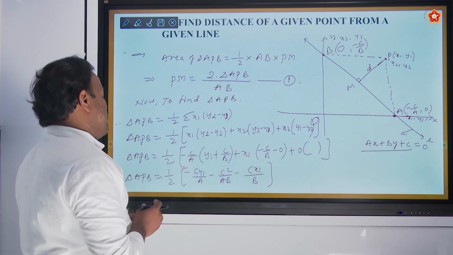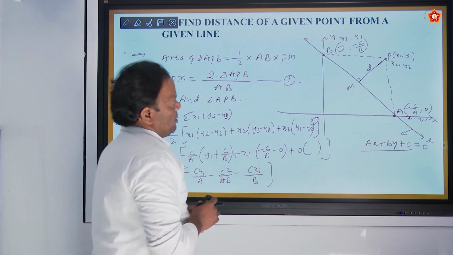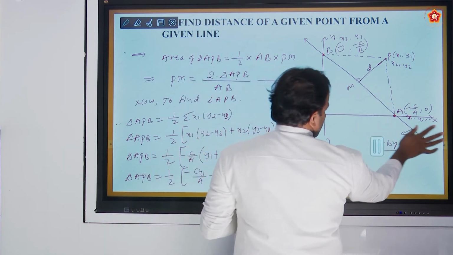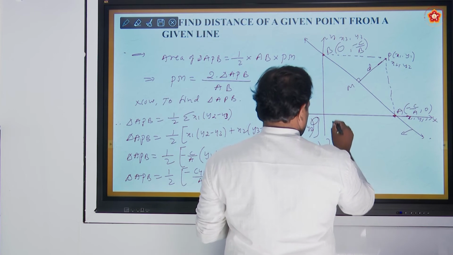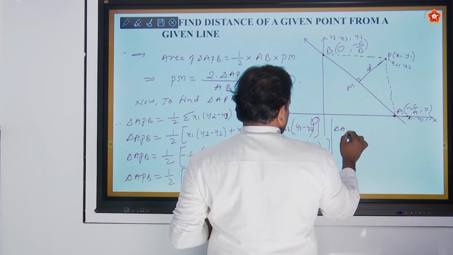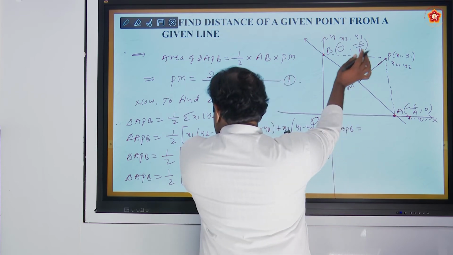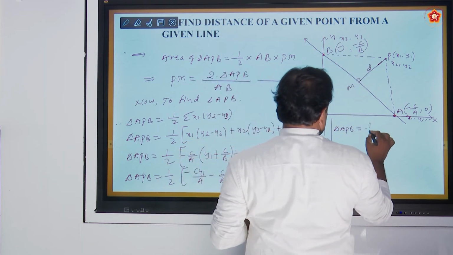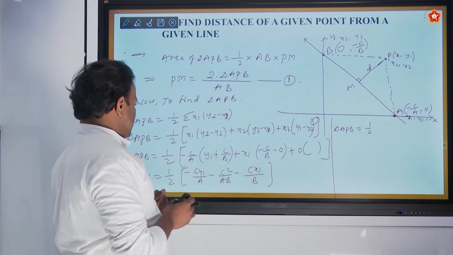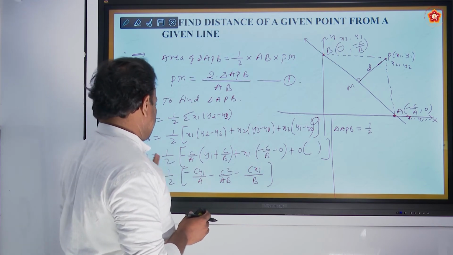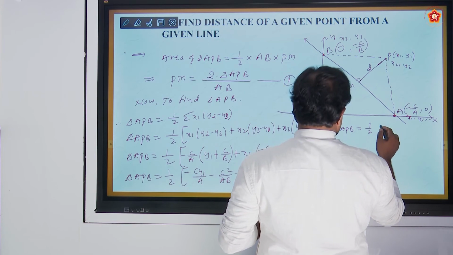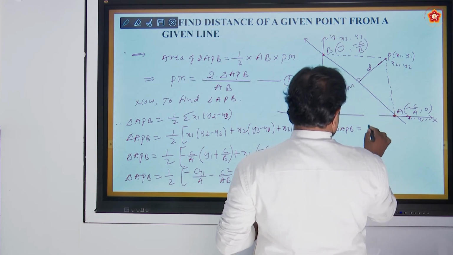Correct? So now, simplification. How can you do the simplification here? That is very important. Observe carefully. Area of triangle APB is equal to half. Taking c common here, this becomes c by 2.